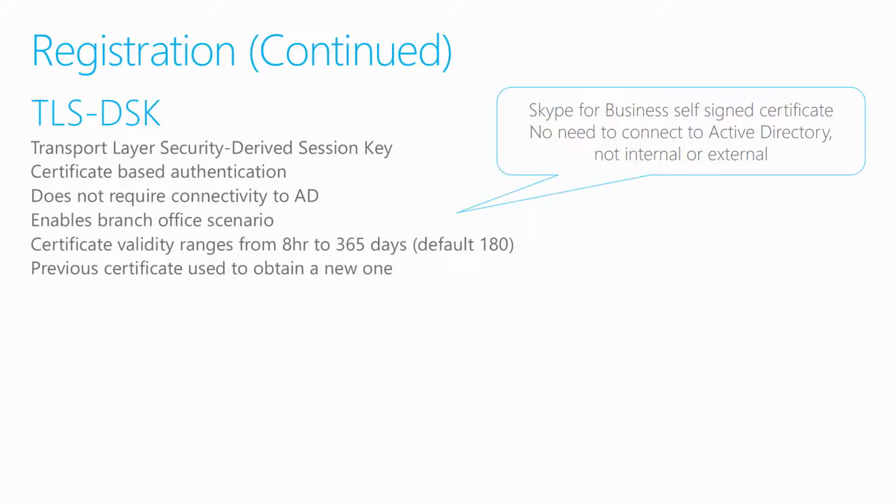Because the Skype for Business server creates that certificate, it will trust the certificate, and the user can sign in against the server using it. The certificate can be valid from 8 hours up to 365 days. The default is 180 days. And before the certificate expires, the certificate will be used to get a new one.